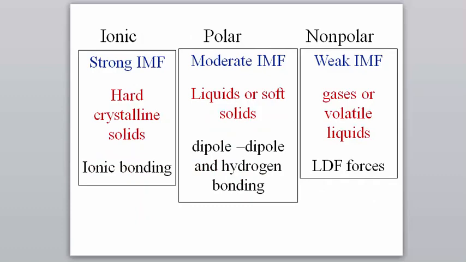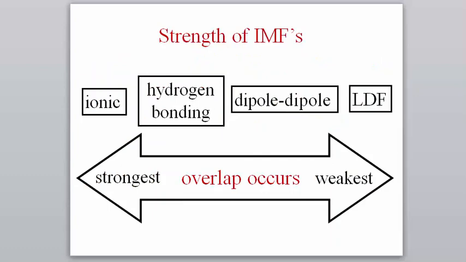So in general, you have ionic bonding, that's pretty straightforward, metal and nonmetal ions. Polar molecules can be dipole-dipole or hydrogen bonding. And then if you're nonpolar, you're going to have London dispersion forces. The strengths of these are pretty generalized here, but there's quite a bit of overlap.